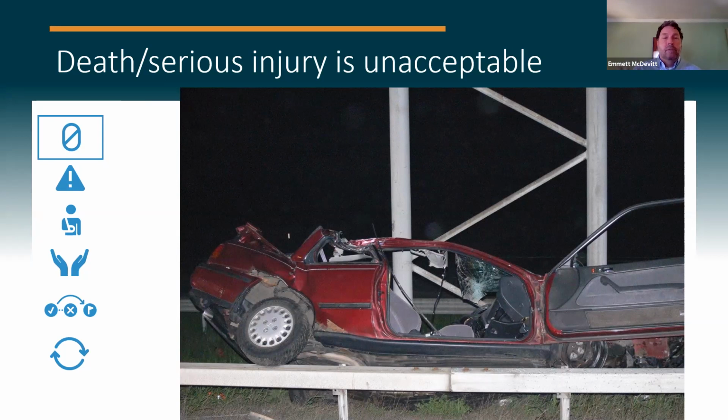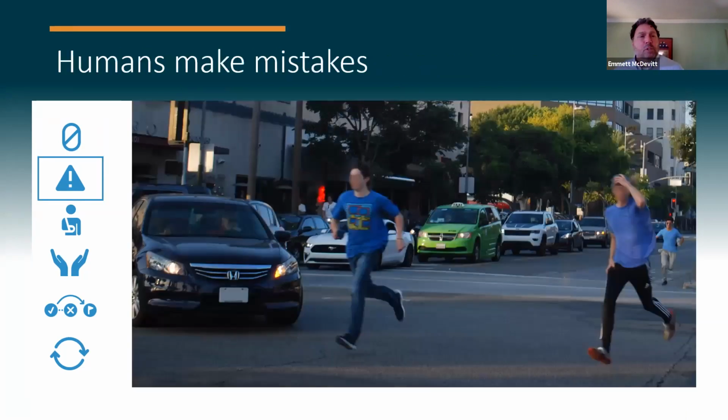All of us have accountability in this, whether it's the vehicle manufacturers, the designers, the roadway maintainers, the owners. I think all of us in this context have a responsibility and accountability to this safe systems approach. The other principle is that humans make mistakes.